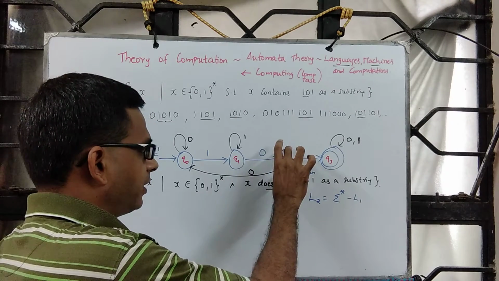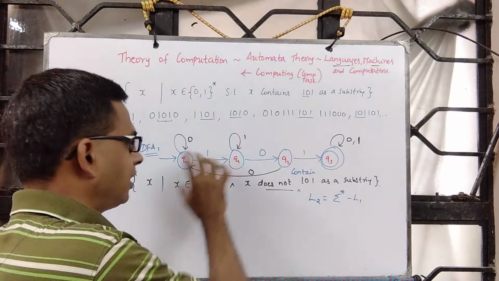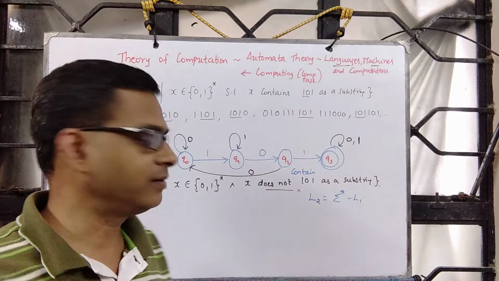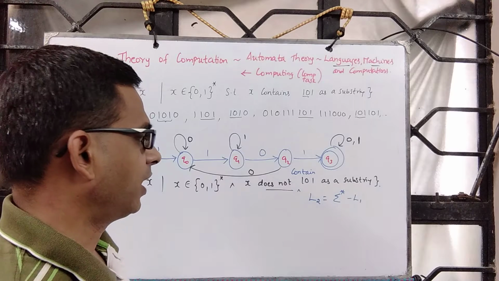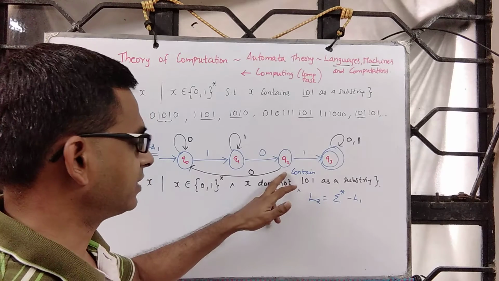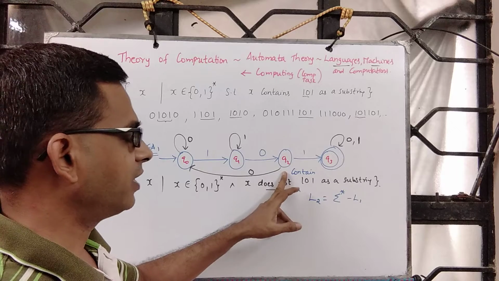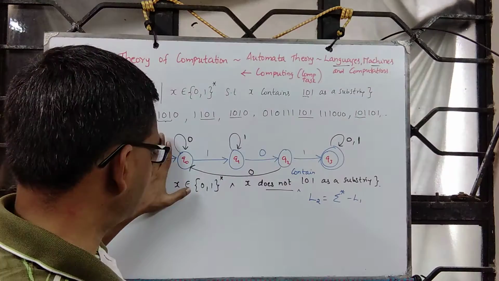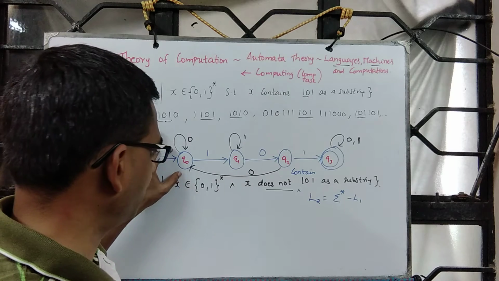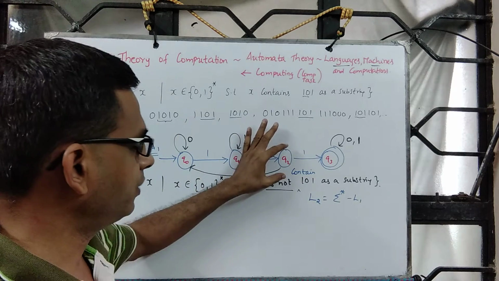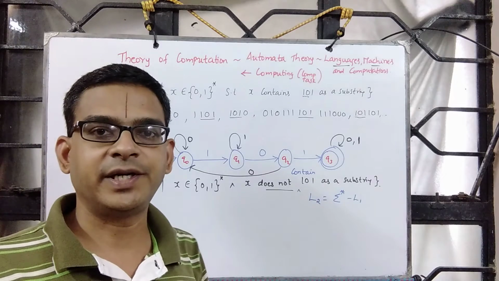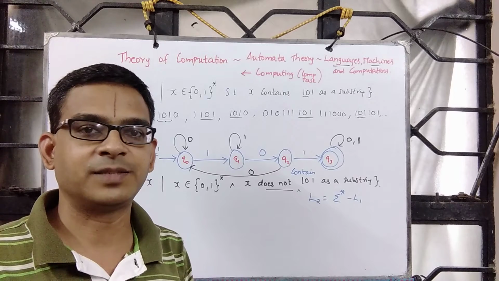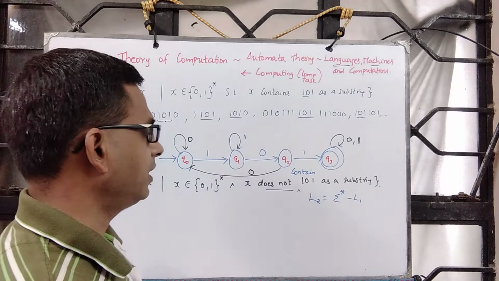It means if I am at Q2 or Q1 or Q0 after parsing the input x completely, what does that mean? Such a string is invalid, or it does not contain 101 as a substring. Suppose after scanning x, I am at Q0 or Q1 or Q2, which means none of them have 101 as a substring. Fine.